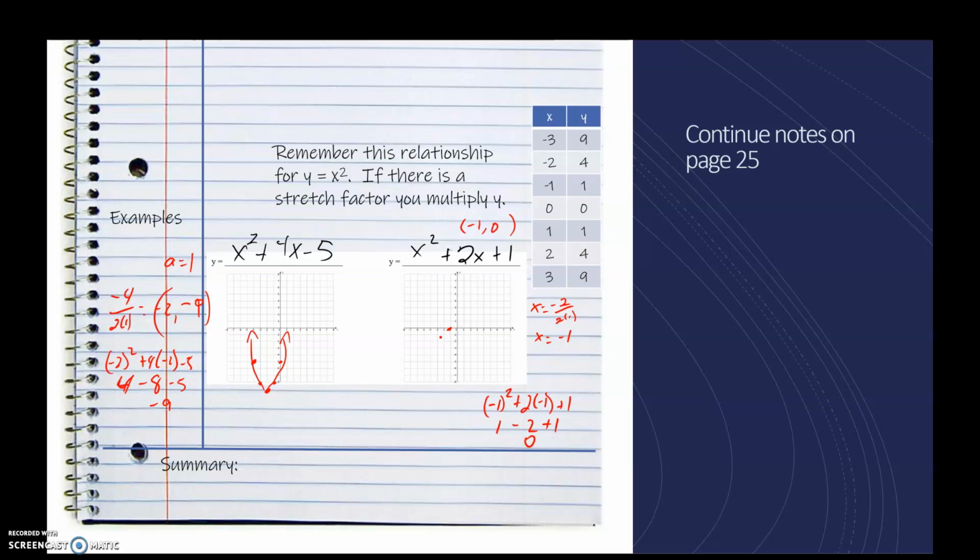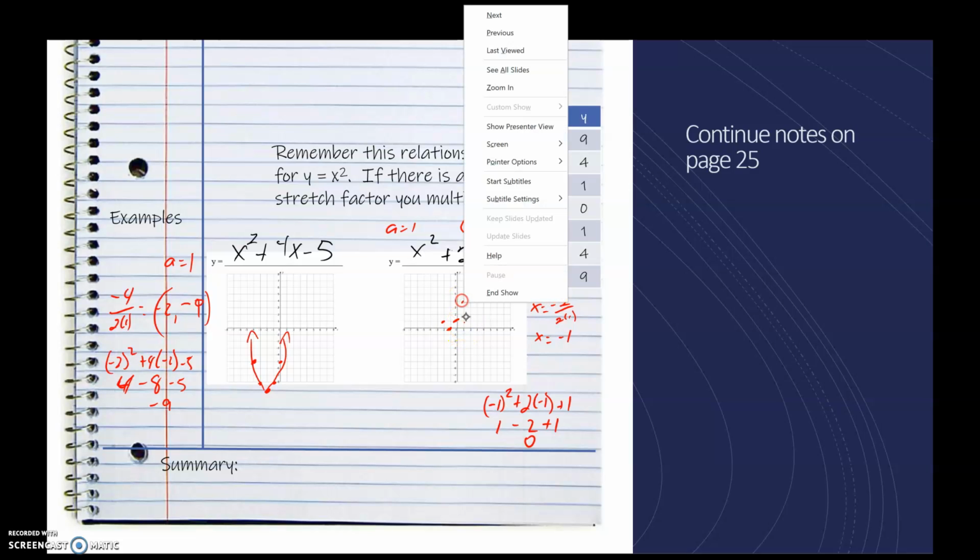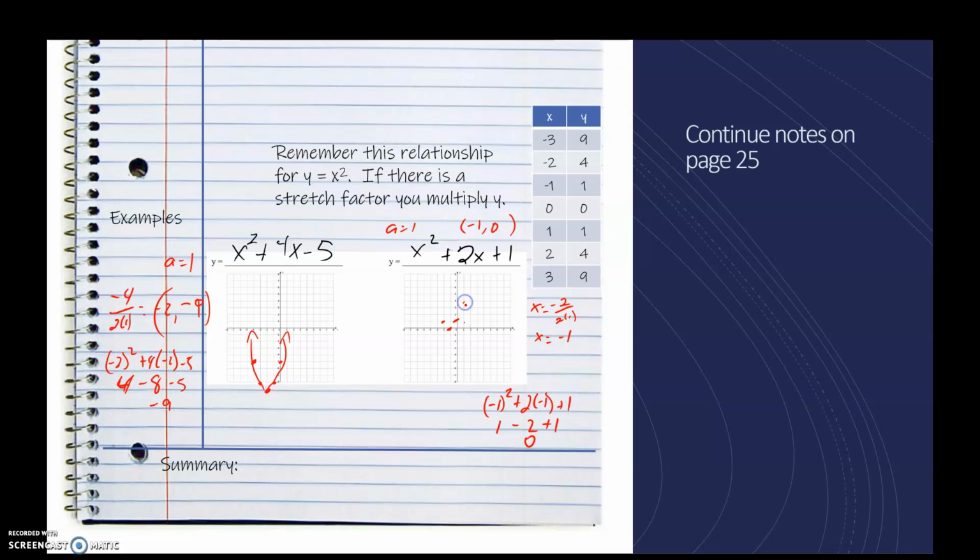And since my a is 1, as I go to the right one, I go up 1, left 1, up 1, right 2, up 4. And the same on the other side. And then I just connect my dots as best I can with a little curve. And there we go.